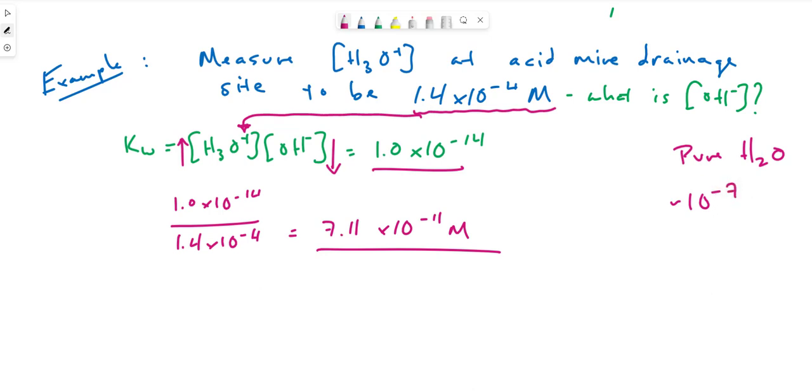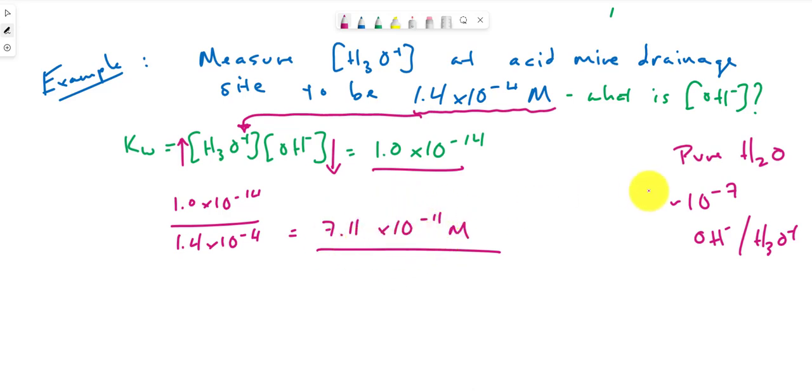That was both hydroxide and H3O plus, right? That's what their concentrations were. And what we found is that in the acid mine drainage system, the concentration of hydronium ion was considerably larger, right? That's the smaller exponent here, 10 to the minus 4 versus 10 to the minus 7. It's about 1,000 times higher concentration of hydronium ion, and correspondingly then about 1,000 times lower concentration of hydroxide.